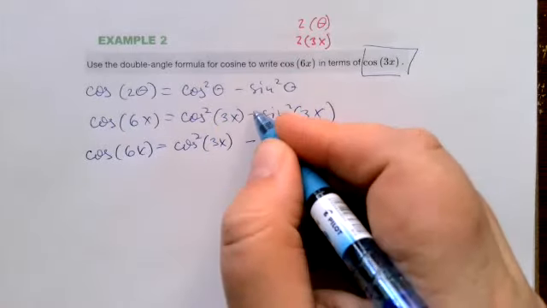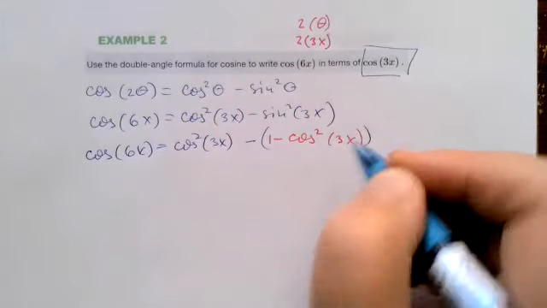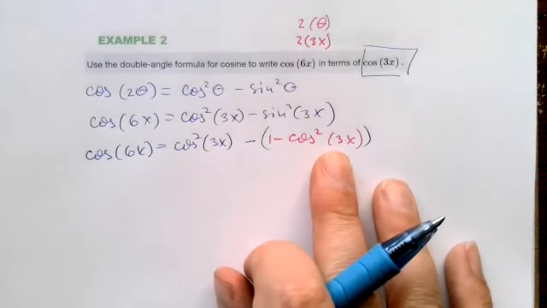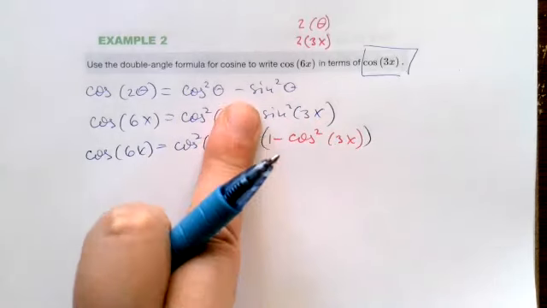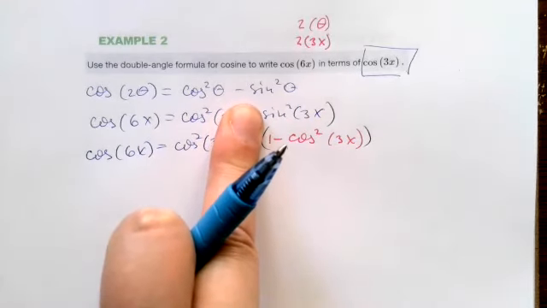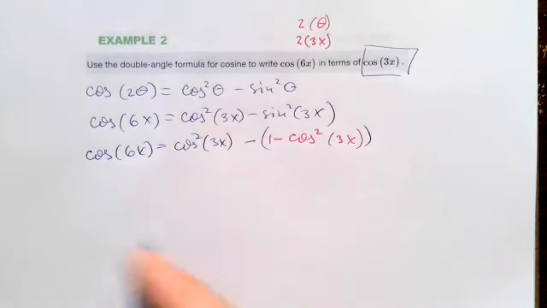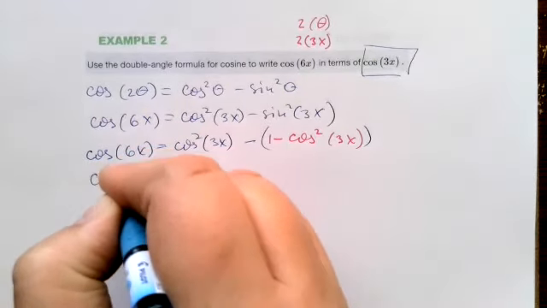And don't forget that this negative affects the entire expression that follows, because we're just substituting it for the sine squared. So the negative still stays there, so it needs to be distributed.